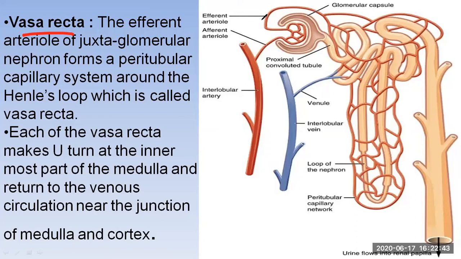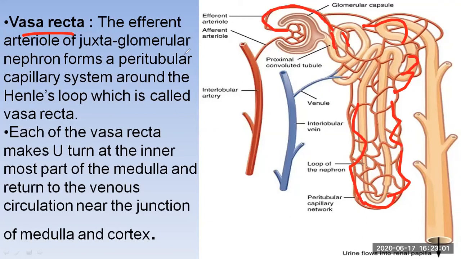So this is the figure. When the efferent arteriole comes outside, it forms numerous branches, and this branching is known as the peritubular capillaries, and these peritubular capillaries cover the loop of Henle. This is called the Vasa recta.